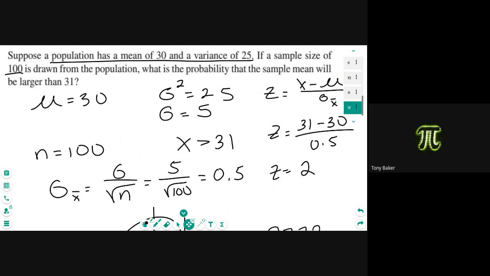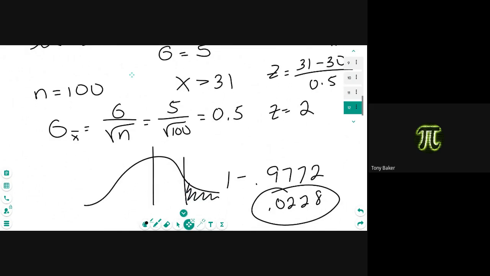The chances of it being greater than 31 is only 2%. So if it was greater than 31, I might want to take a chance and look at that because it might be out of the values that I want to look at. Because there's only a 2% chance that it's going to be out there, that could be a problem. Since we're not looking at individual pieces, that matters.